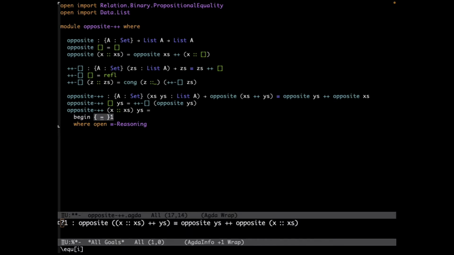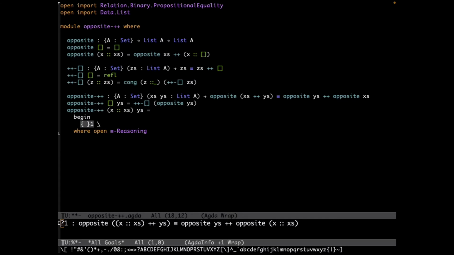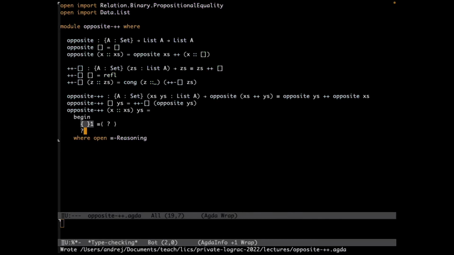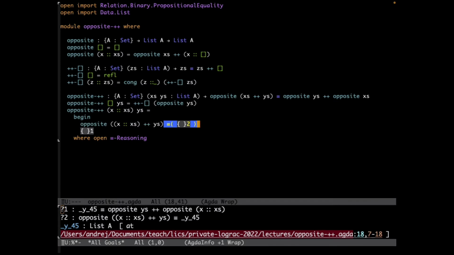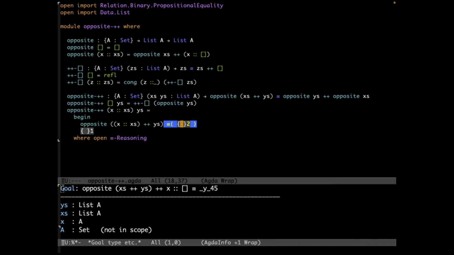And I say, please use, well, I find it easier to type it up like this. Now, what is it that I'm trying to do? I'm trying to apply the induction hypothesis.